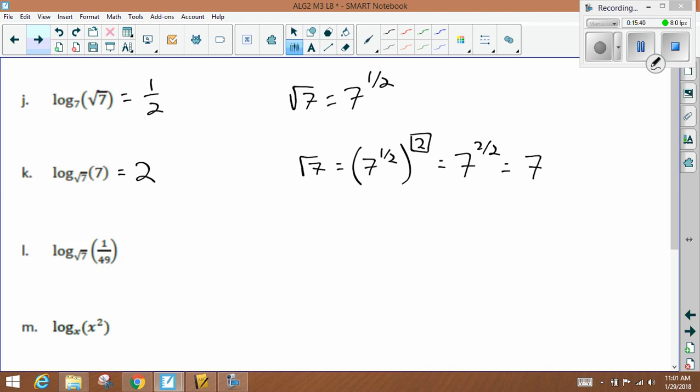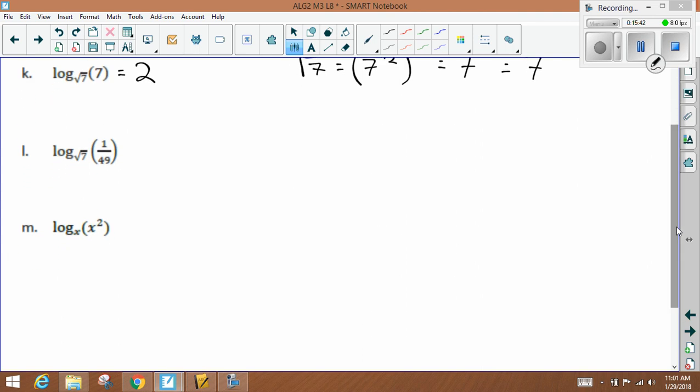All right, so then the square root of 7 to what power is 1/49? All right, let's write 1/49 as an exponent with 7 in it, okay? So that's 1 over 7 squared. That's the same thing as 7 to the negative 2 power, right? Okay.